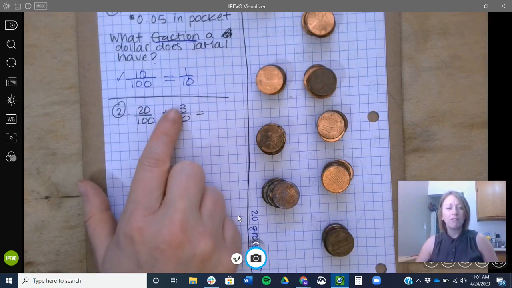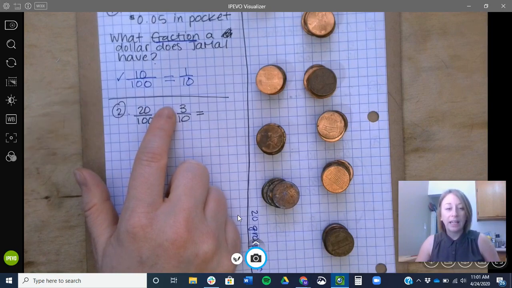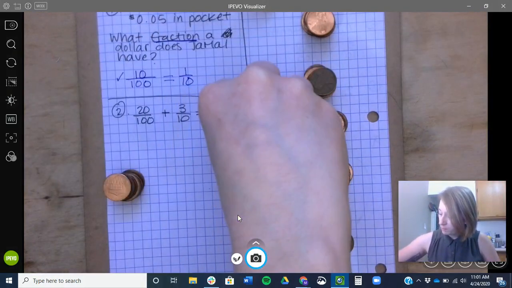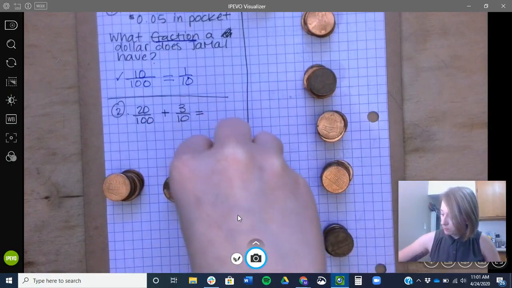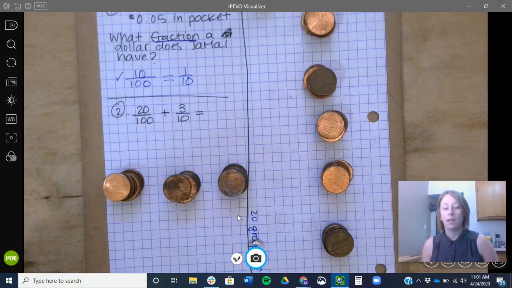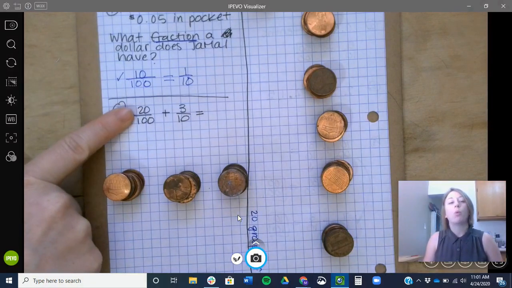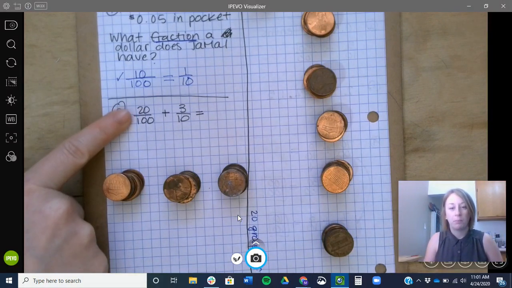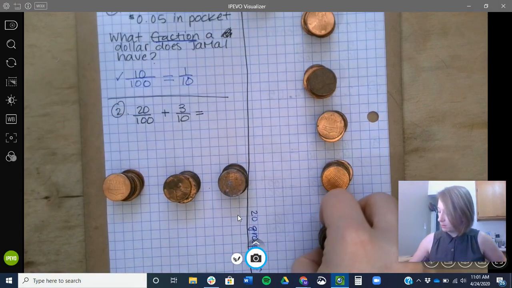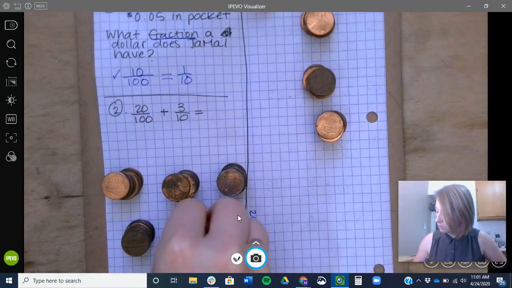So if I were to take 3 groups of 10, 1, 2, 3, and then if I were to take 20 pennies, because I know that all of the pennies together would be 100 pennies, 10, 20.